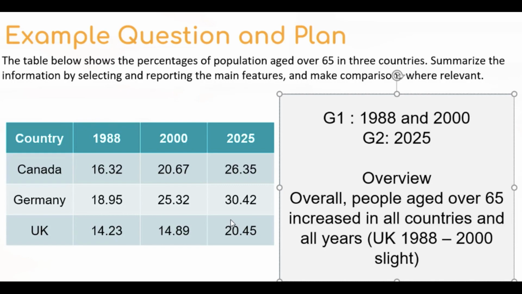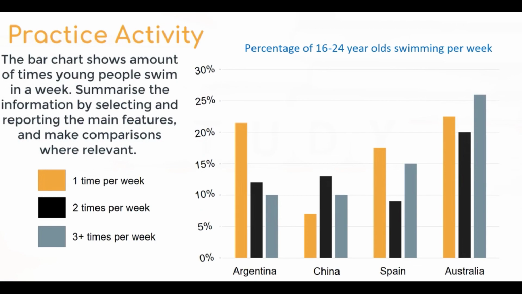I'm now going to show you a question that I want you to write your own plan for in the Q&A section. So let's take a look at that now. I'm not going to go through the question and go through all the different data and visual information with you because I want you to do this practice activity on your own.